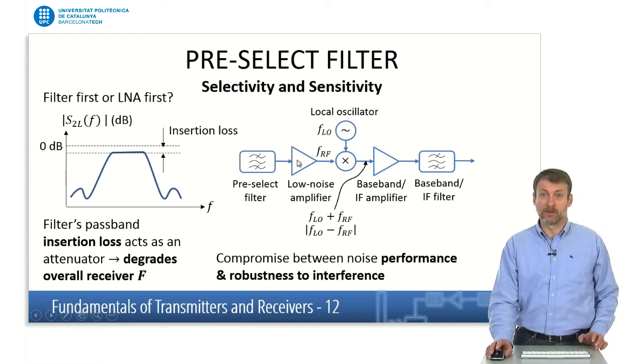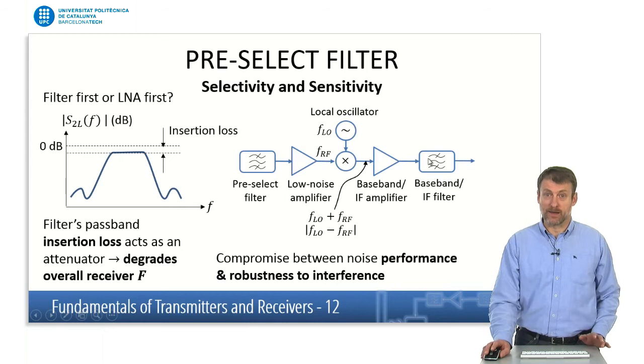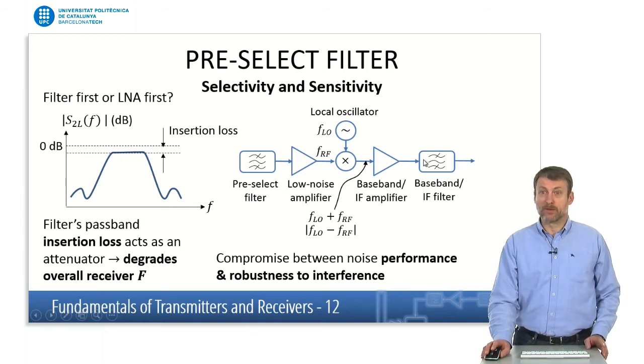In principle, if everything is matched, the frequency response of the receiver is not affected by that. However, there are other considerations that will determine if we want to place the pre-select filter ahead or behind the low noise amplifier. And actually, this consideration is a compromise between noise performance and robustness to interference.